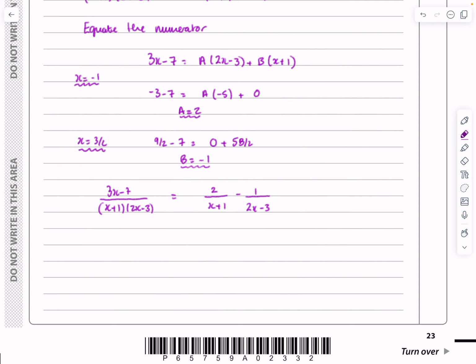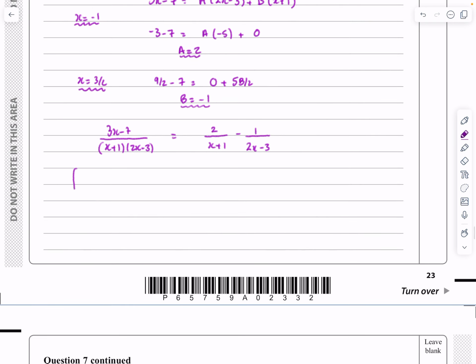So if I want the integral of 6x squared minus 16 all over (x plus 1)(2x minus 3) dx, that's equal to the integral of 3 plus 2 over x plus 1 minus 1 over 2x minus 3 dx.